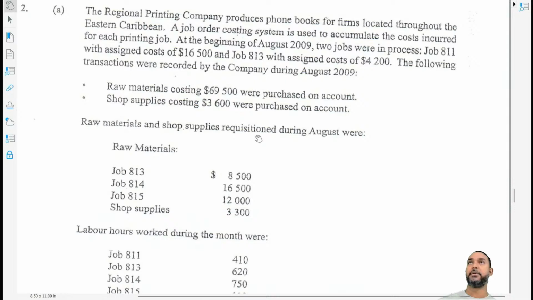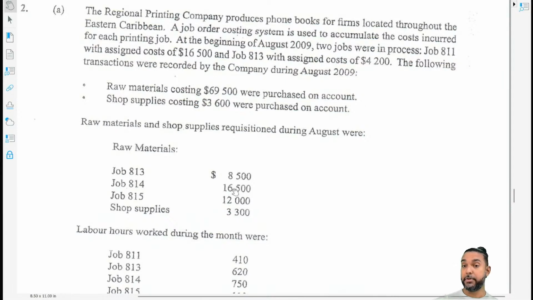Requisition means we take them from the stock in the warehouse or store and put them into production. So Job 813 and 8,500 of raw materials and shop supplies were involved.